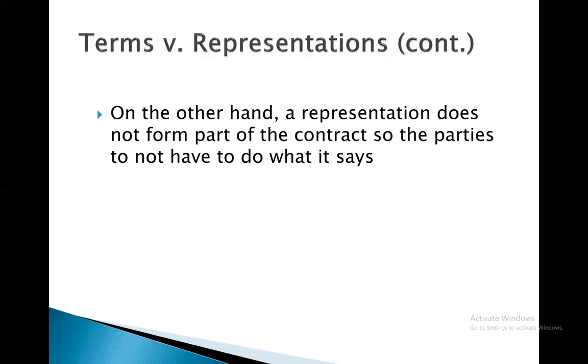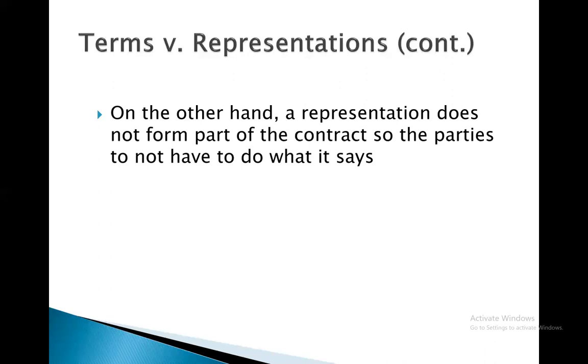Now, on the other hand, if a pre-contractual statement is classified as a representation, it does not form part of the contract. And for that matter, the parties do not have to do what it says.